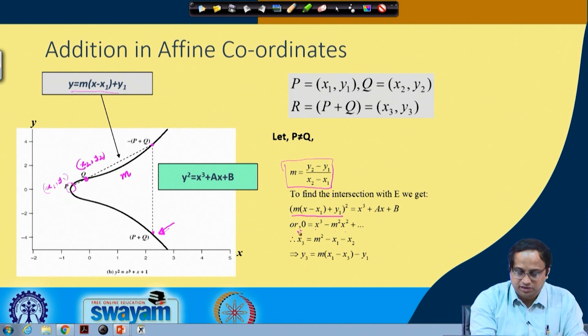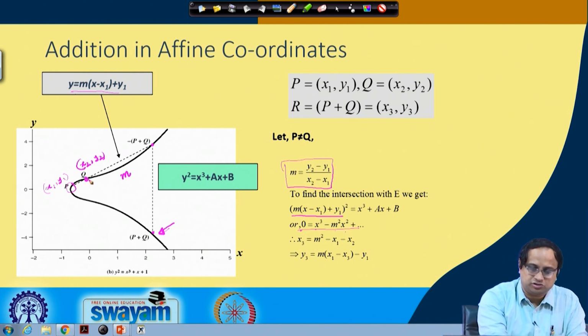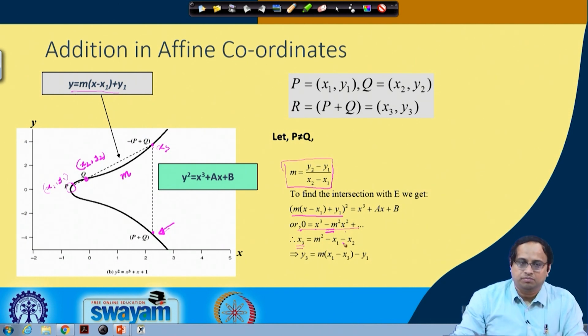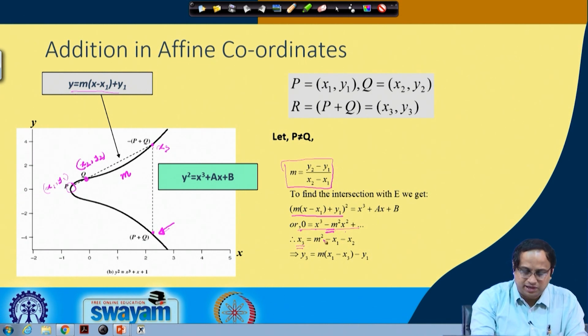If I arrange these terms, since there are 3 roots of this curve, 2 roots are already x1 and x2, and I want to obtain the third root. Suppose this root is x3, which is the same as the x coordinate of this inverse. Then I can write that x3 plus x1 plus x2 is the negation of minus m square, which is m square. Therefore x3 equals m square minus x1 minus x2, and from there I can obtain y3, and I can negate y3 to get this coordinate.